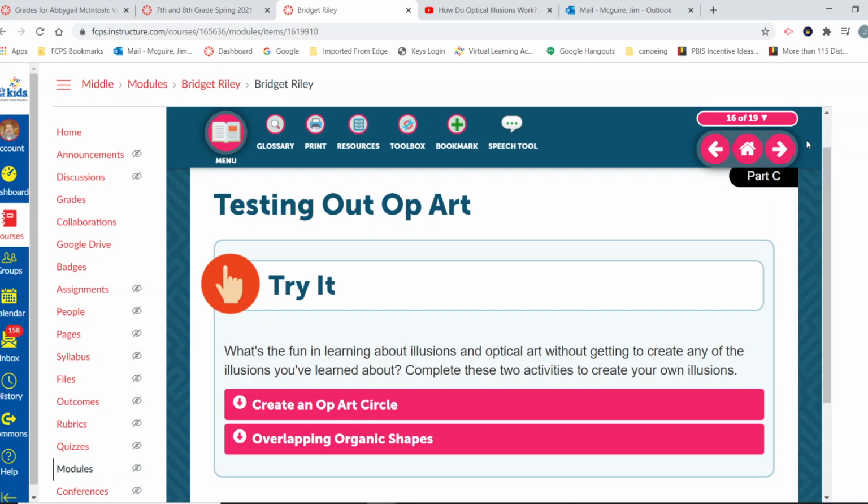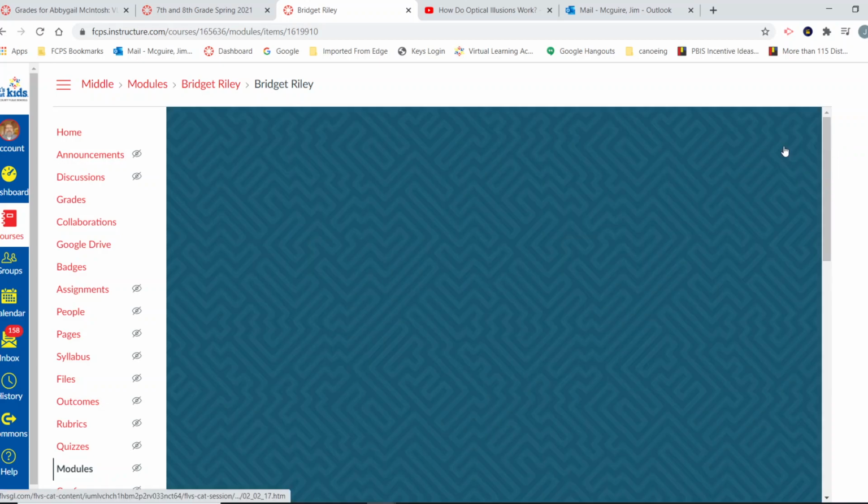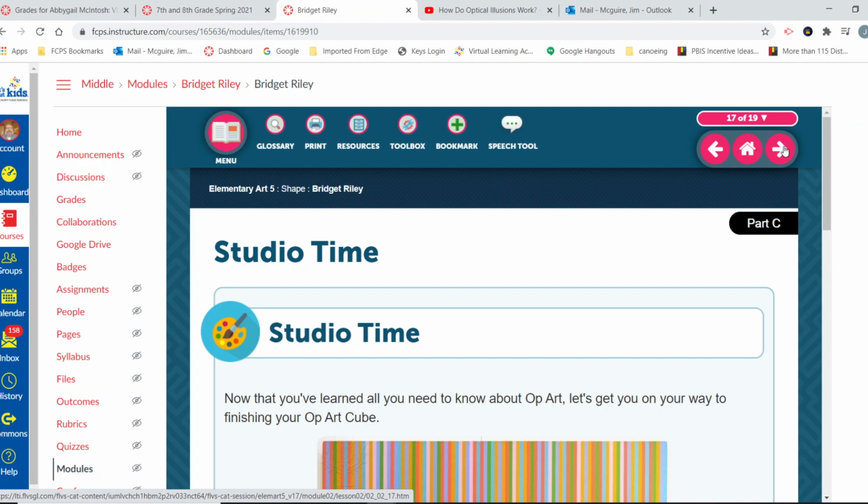So we are going to talk more about making these on our make day. Bridget Riley is the artist we've studied. Please know the three attendance question answers. Get ready to write these down if you haven't already. The first is op art. 2D art that creates an illusion is called op art. The second is color that has hue is called chromatic.